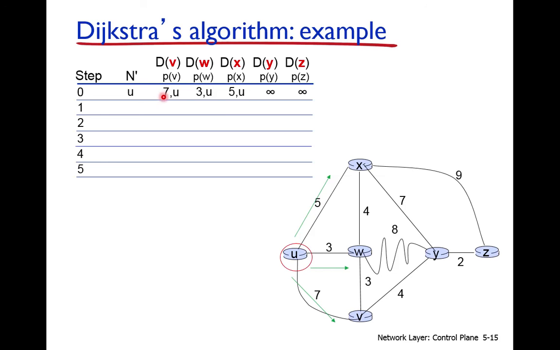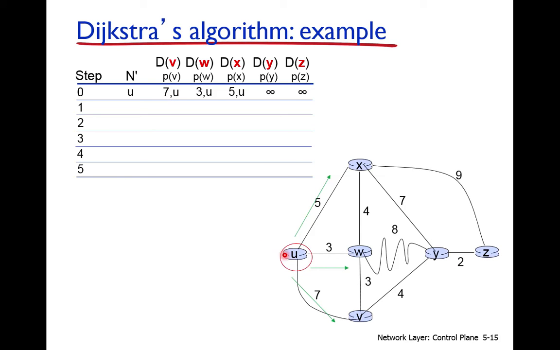This is cost 7, this is 3, this is 5, and the previous node is U, because if you want to reach from U to X, its cost is 5 and the previous node is U. So you have reached X from U directly. Similarly, you have reached W from U directly. This represents the previous node and this represents the distance.